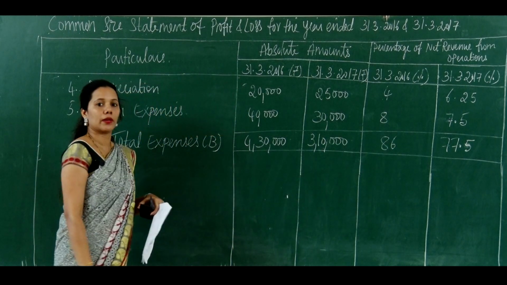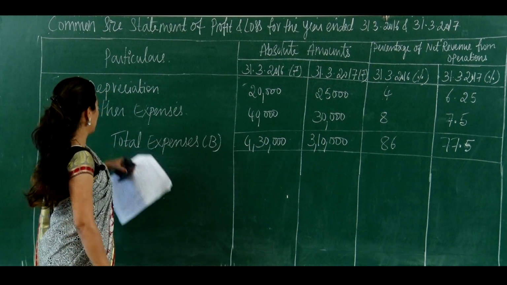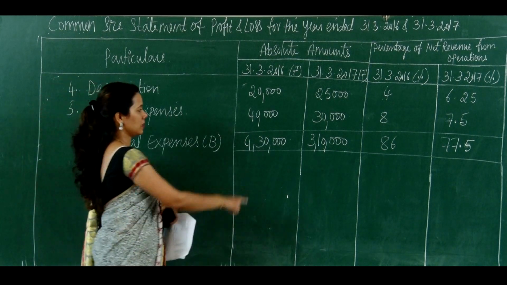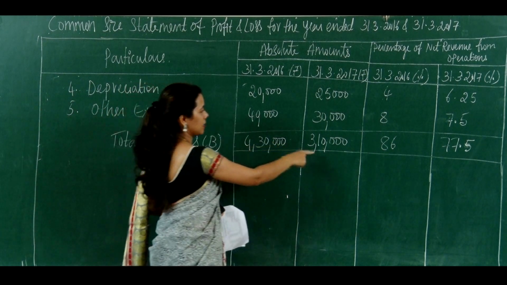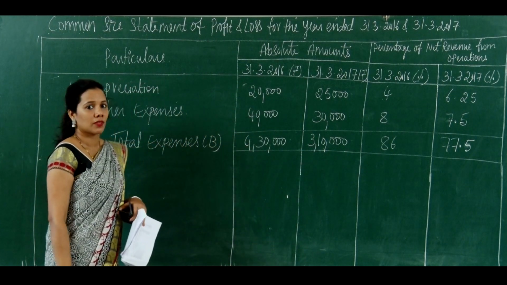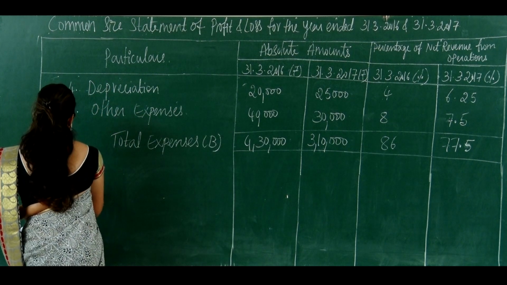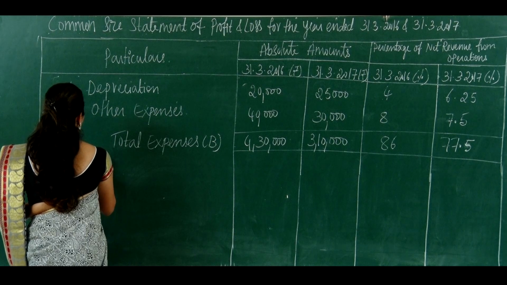So, total only expenses from cost of material consumed to other expenses, you will get 4,30,000 and 3,10,000, even the total of your percentage column.